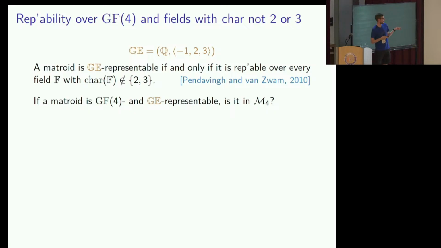We've also got 3 as a generator here in the group. A matroid is representable over this partial field if and only if it is representable over every field with characteristic not 2 and not 3. So in particular, you'll be GF5 and you'll be GF7 representable. So we started asking the question, if you're GF4 representable and you're representable over this partial field, is that enough to guarantee that you're in this class M4?